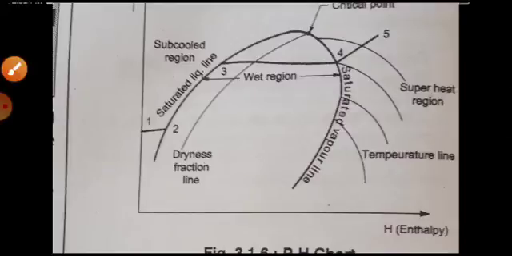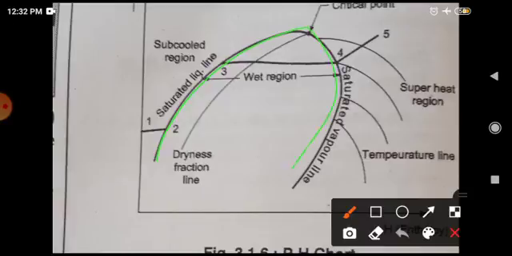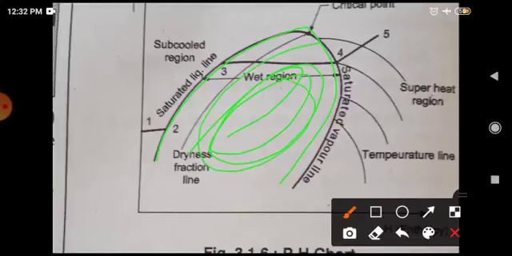You can see the saturated liquid line and saturated vapor line. This is the wet region, where you will see liquid plus vapor. This is the superheated region, where you will see only vapor, and at the critical point you will see all three phases.